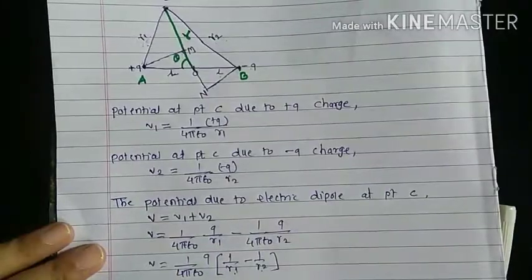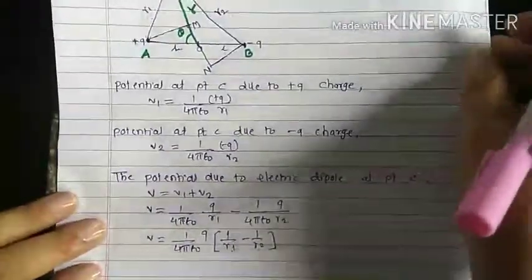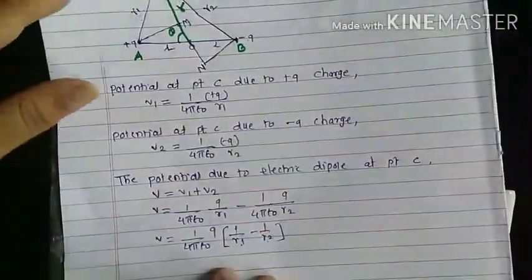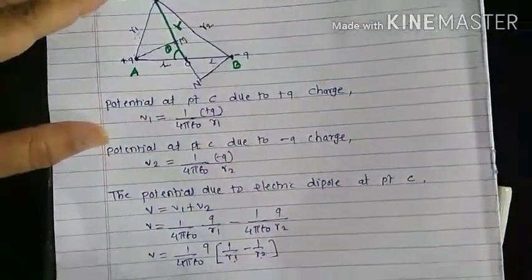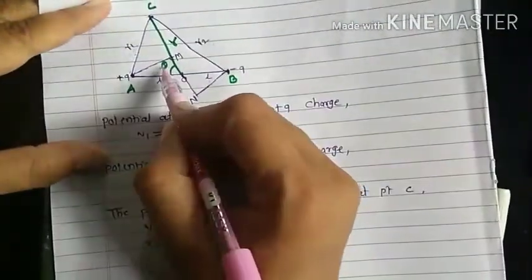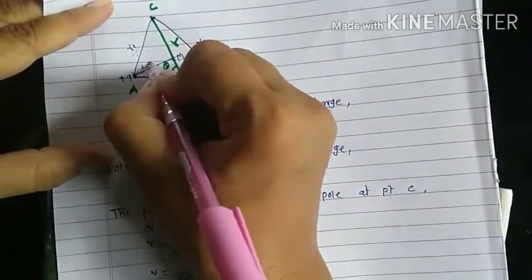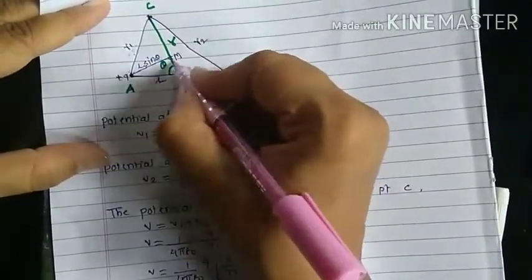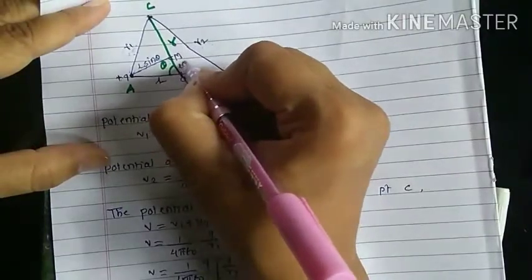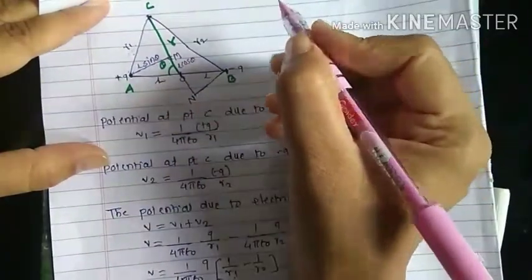Now, for the determination of R1 and R2, by using the geometry of a figure, here is the angle theta. This side will be L sin theta and this side is L cos theta.